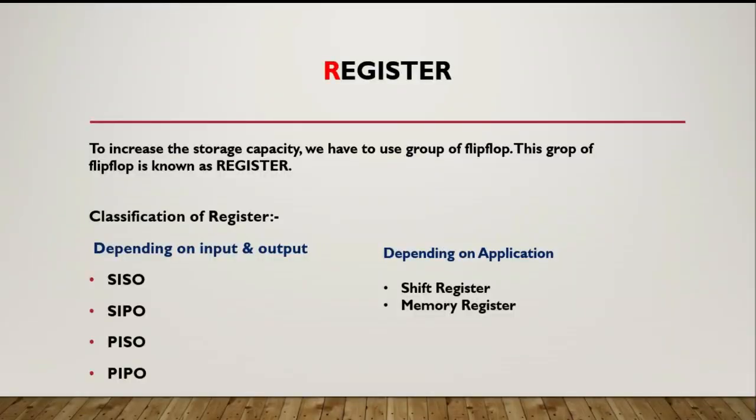I am going to take register as my next example. Let me tell you something about register. Okay, we all know flip-flop is 1-bit memory cell. To increase the storage capacity, we have to use group of flip-flops. This group of flip-flops is known as register. Then n-bit register consists of n number of flip-flops and is capable of storing n-bit words.